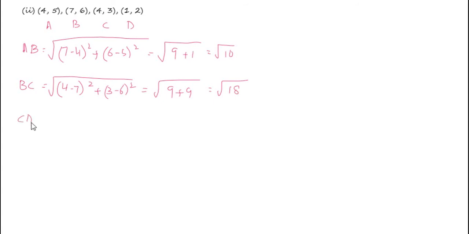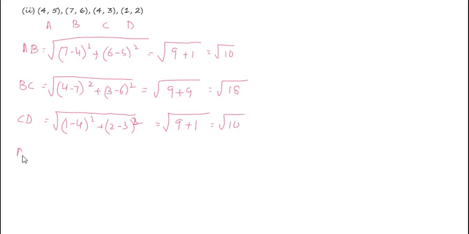Now CD. CD is equal to square root of 1 minus 4 whole square plus 2 minus 3 whole square. That is 1 minus 4 is minus 3, whole square is 9. 2 minus 3 is minus 1, whole square is 1. So this value is square root of 10.